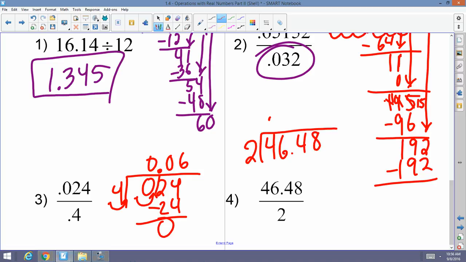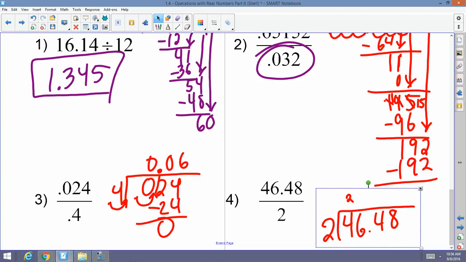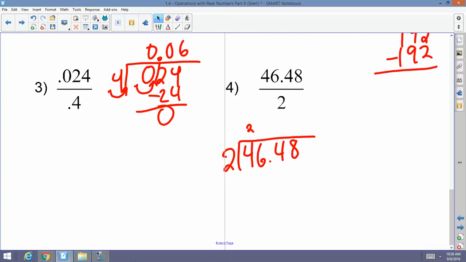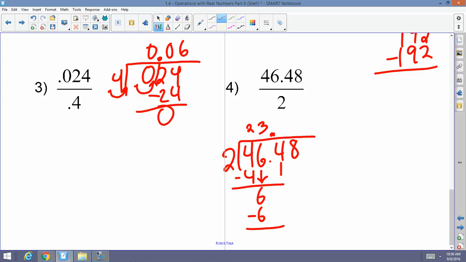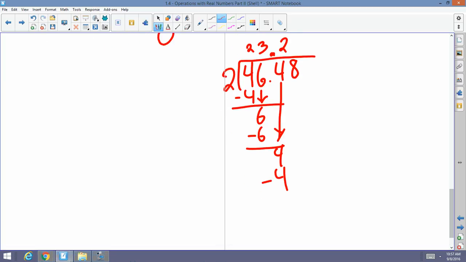Bring up my decimal, I almost forgot. So it goes 2, and then that's 4 as well. So 23.24.